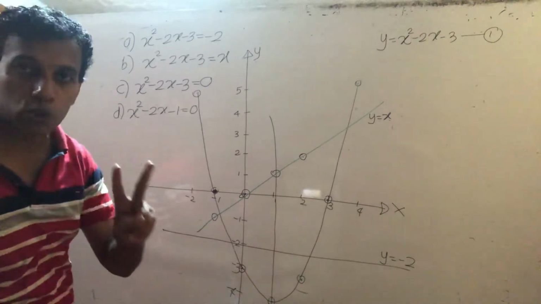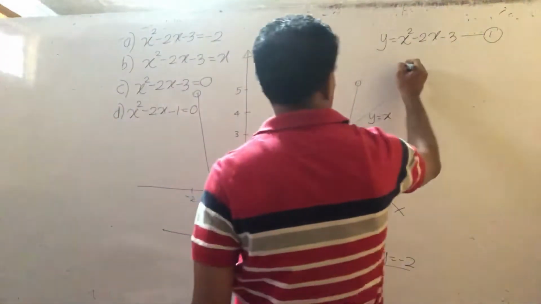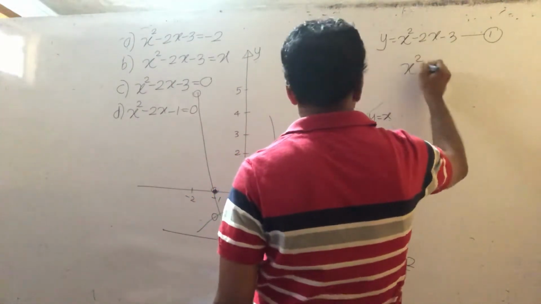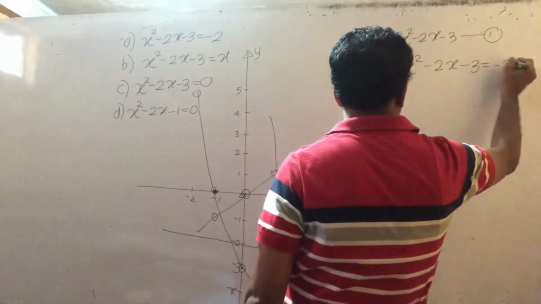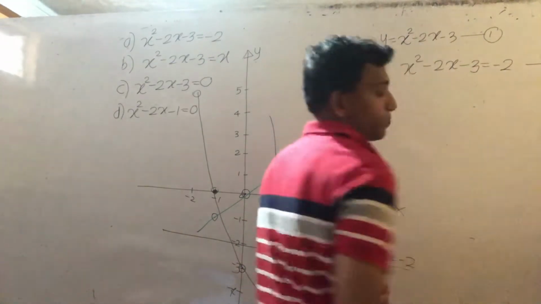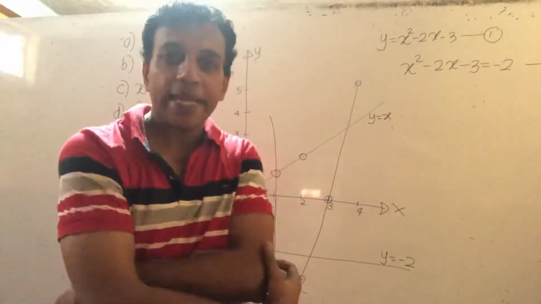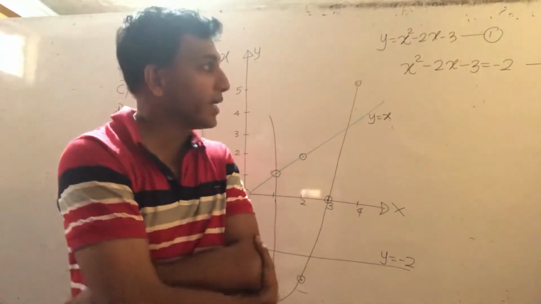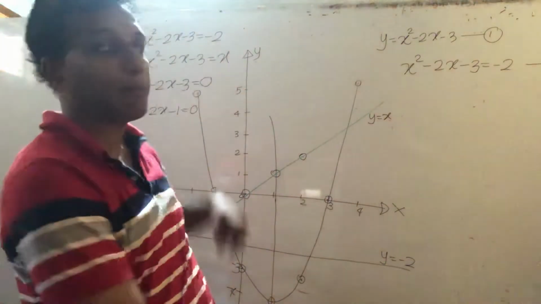Two solutions are available for any quadratic equation. So x square minus 2x minus 3 equal minus 2, right? Second equation. Now we solve these two simultaneous equations to find the answers for the given A part.